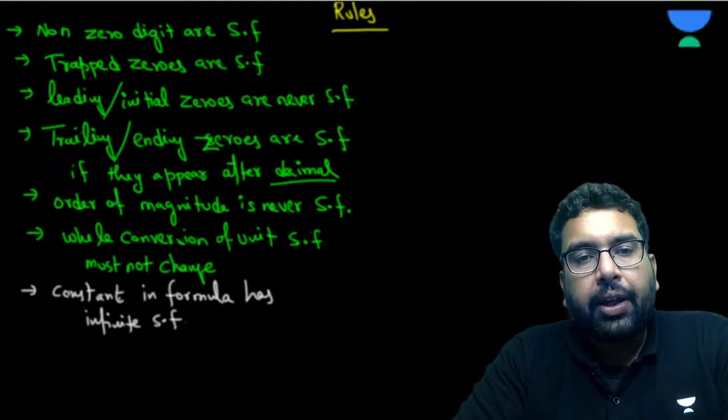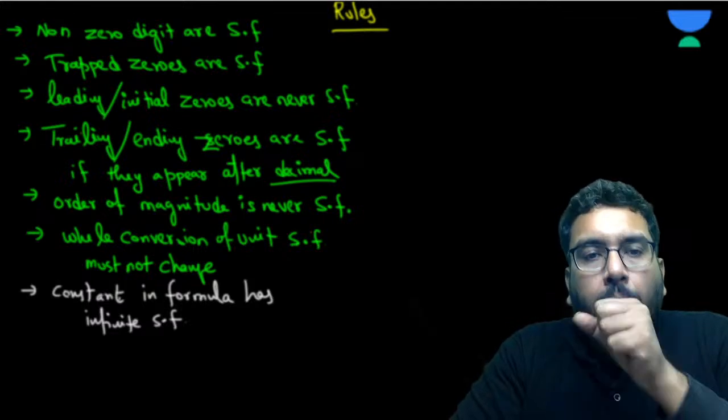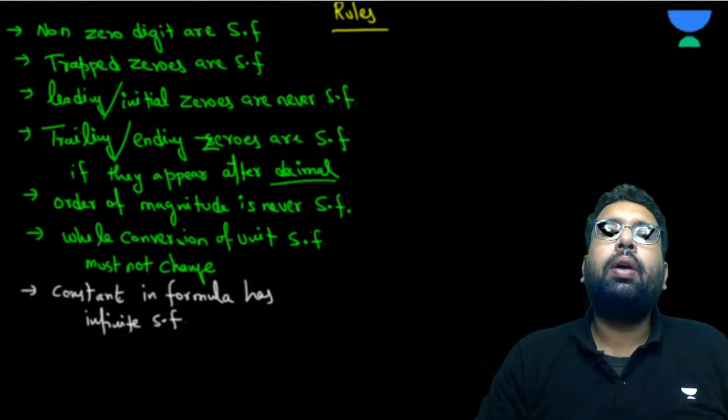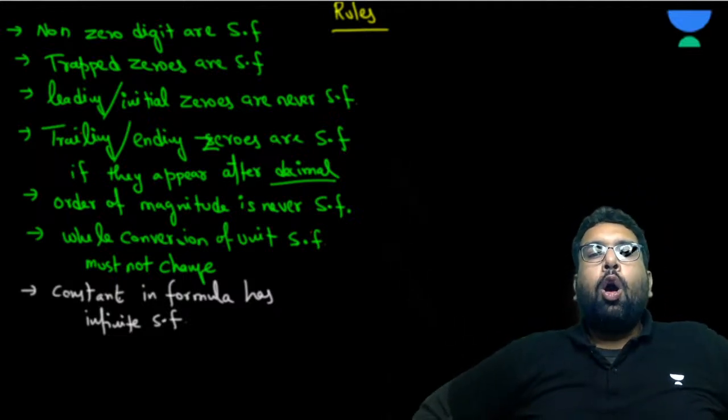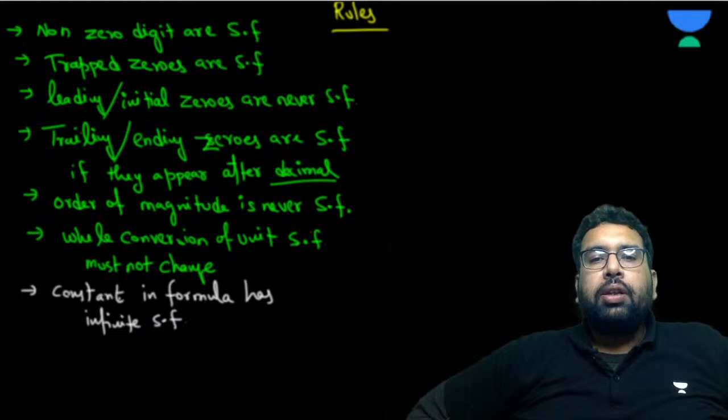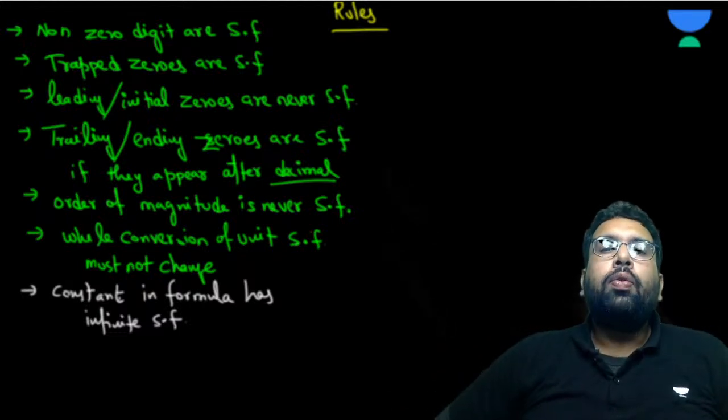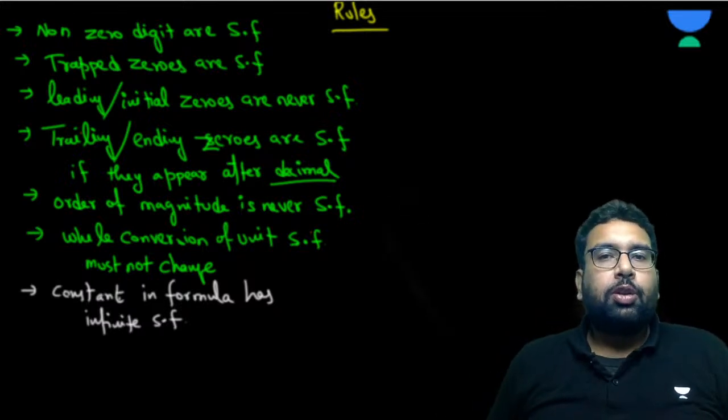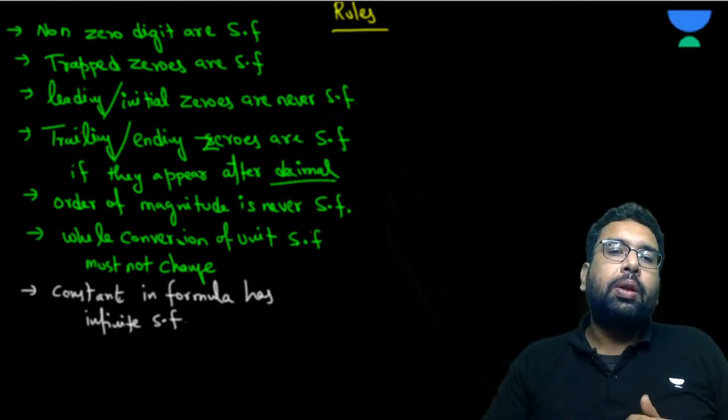Trailing zeros or ending zeros are significant if they appear after the decimal. Order of magnitude is never significant. While converting the unit, the significant figures must not change. So we just use this rule.